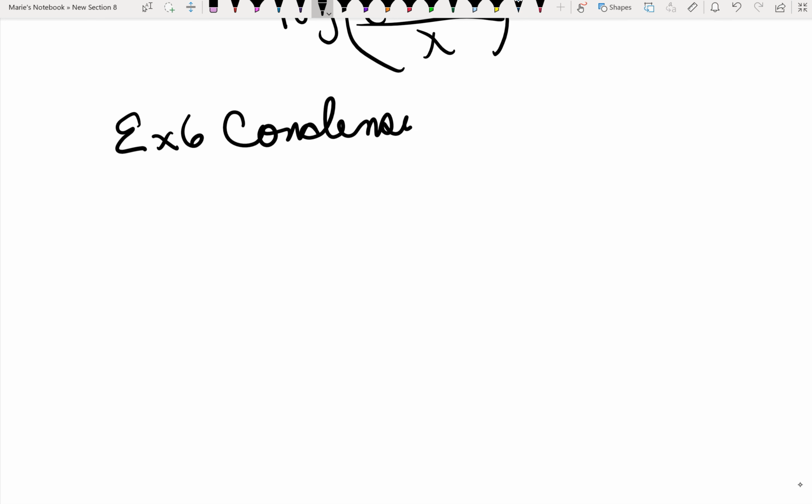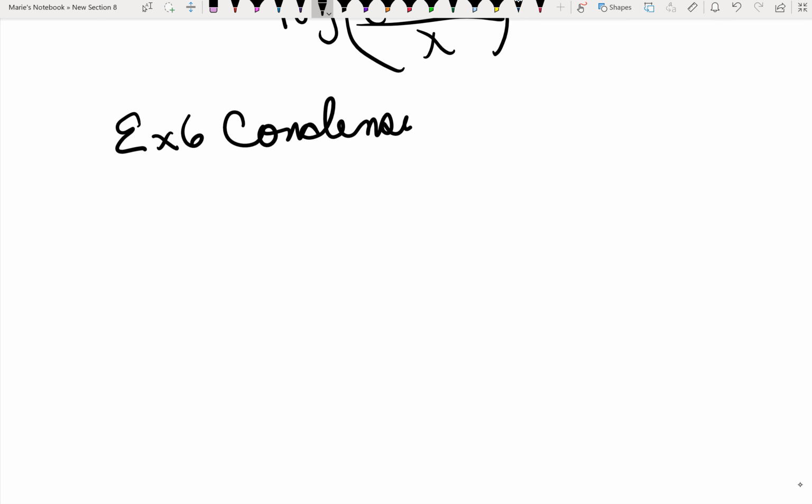So for example, B, they give you 3 natural log of x plus 7 minus natural log x. So this is quotient rule, right? So first, are there any powers? So yes, there is. So in the first one, there is a power of 3. So I'm going to raise this to the 3rd minus natural log x.